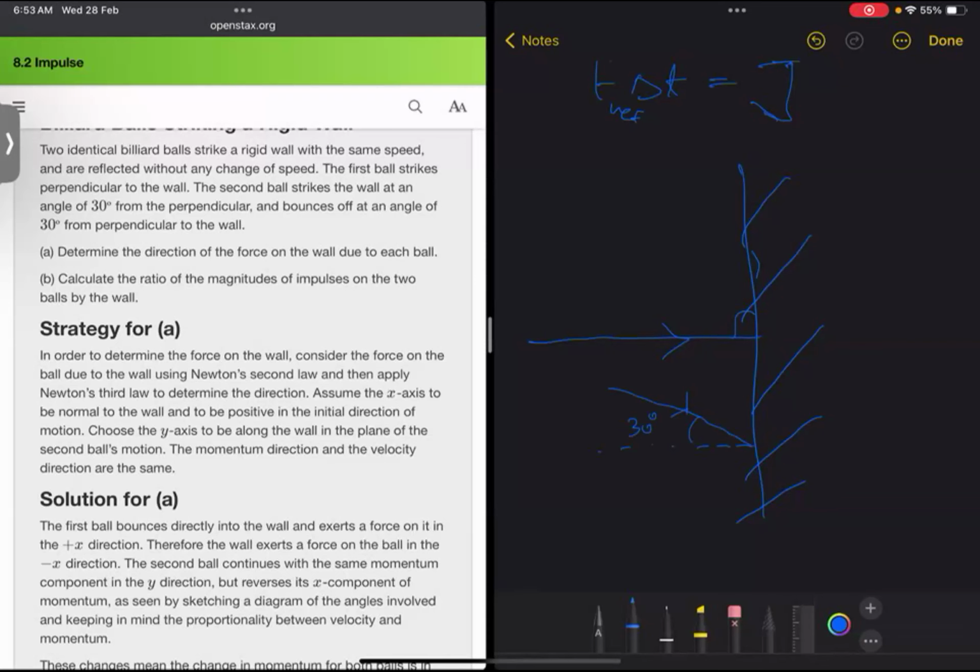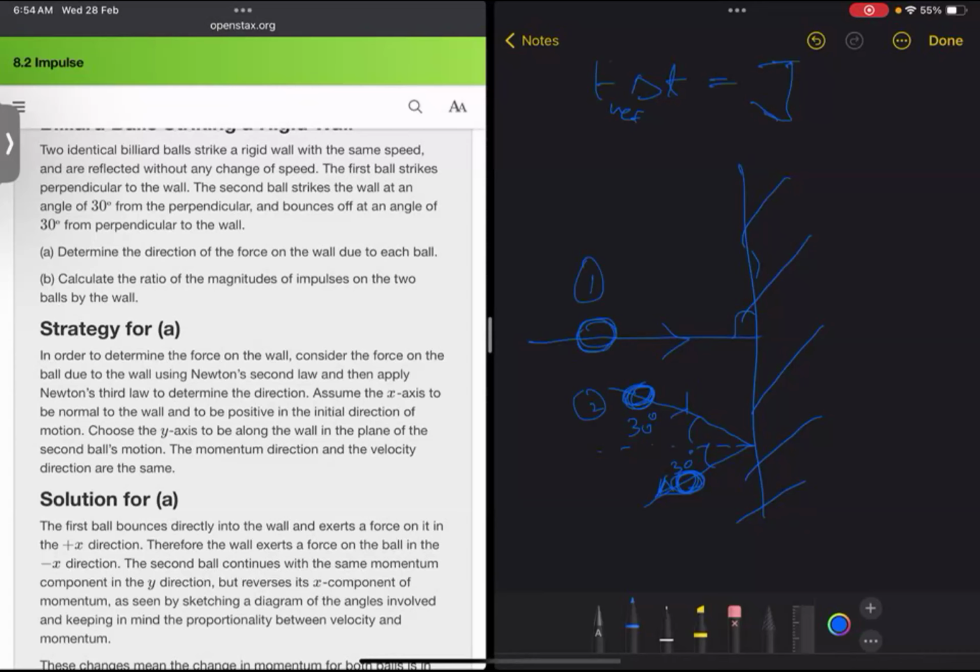And it bounces off at an angle of 30 degrees to the perpendicular. That means it bounces off at the same angle. So this is for the second ball. Let's say this is the first ball, ball one, and this is ball two.